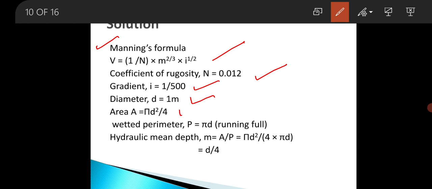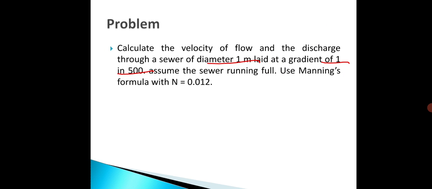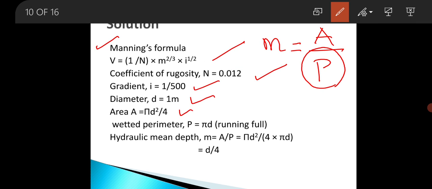So area will be equal to pi d square by 4. Then in order to find this m, the hydraulic mean depth, we have to divide the area of the sewer by the wetted perimeter. This wetted perimeter is the portion of the sewer which is coming in direct contact with the flow of sewage. Here the condition is that the sewer is running full, that means the entire part is coming in contact, so the wetted perimeter will be equal to the perimeter of the sewer, that is pi d.